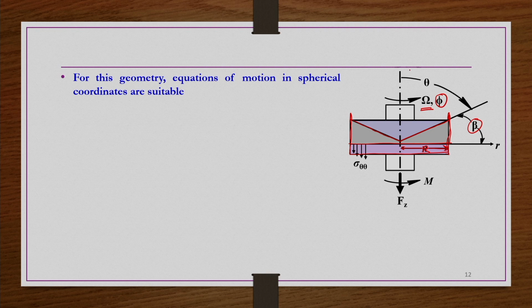Theta is measured from the top, as the arrow indicates. The cone angle beta is very small, as we in general use. Once this is clear, the fluid is confined between this cone and plate.